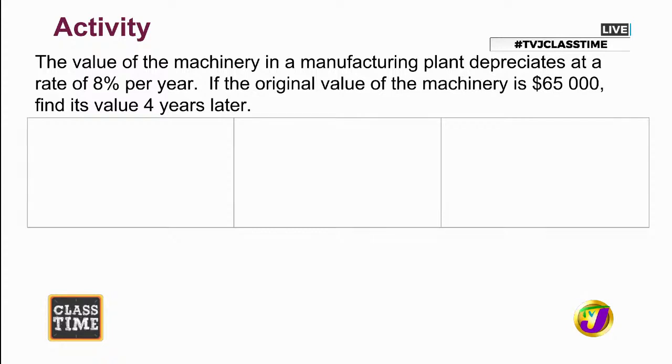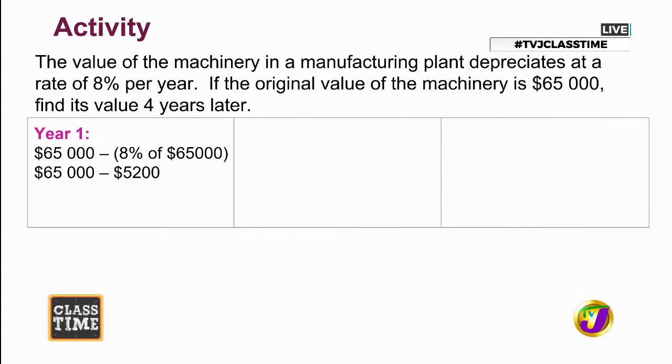Definitely. Cool. All right, so for year one, as we would have said before, when we talk about depreciation, the item, in this case the machinery, would be losing value. And according to the question, it's losing 8% of its value each year. And so we would find 8% of $65,000 and subtract that from the $65,000.